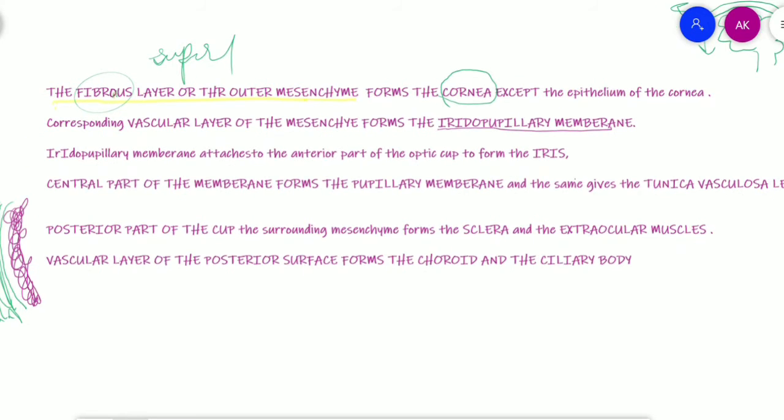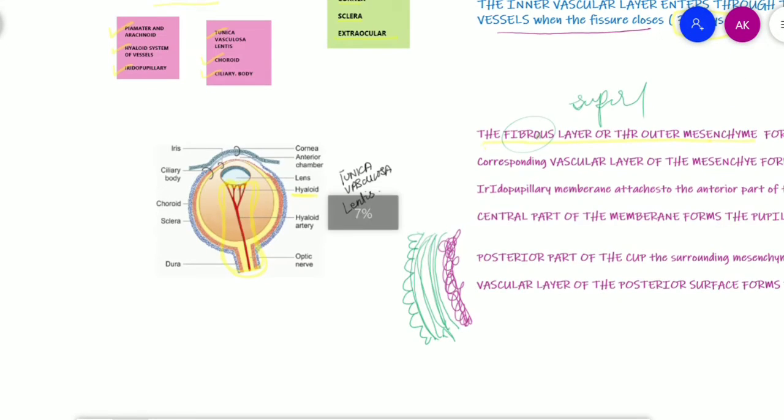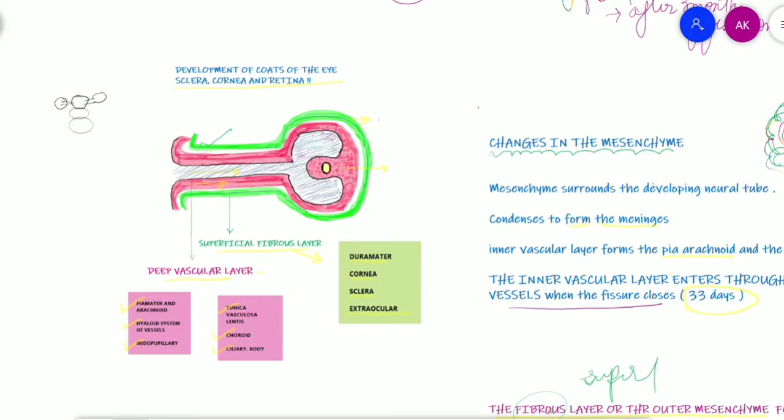So let me show you. As you have seen in this diagram, we have a superficial fibrous mesenchyme and a deep vascular mesenchyme. The superficial fibrous mesenchyme forms most of the cornea, and the deeper mesenchyme which is present in the anterior part is going to form the iridopupillary membrane.